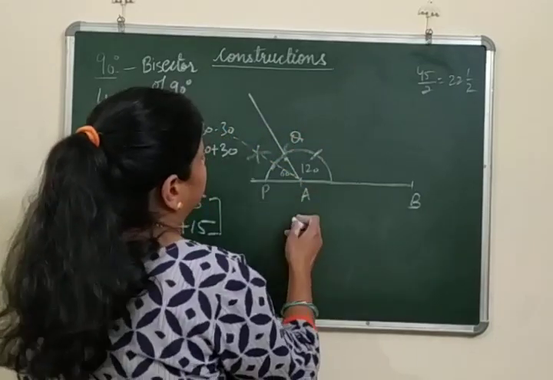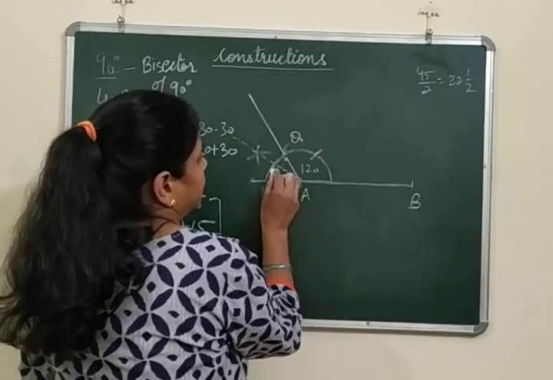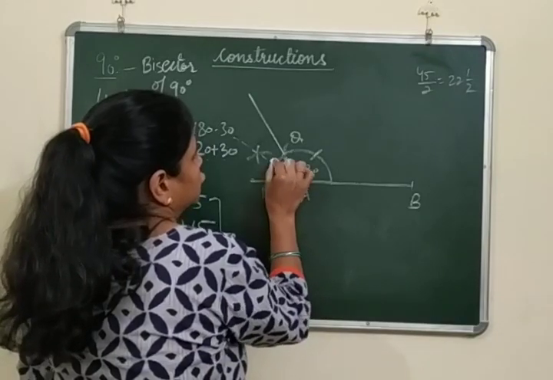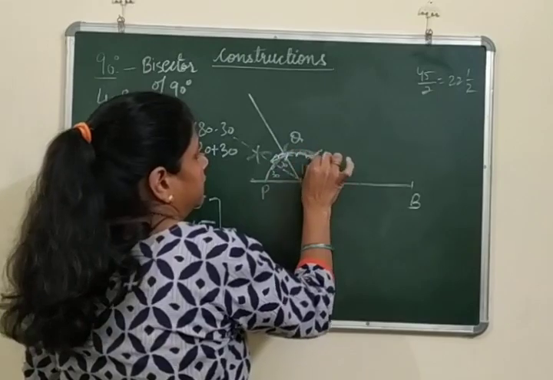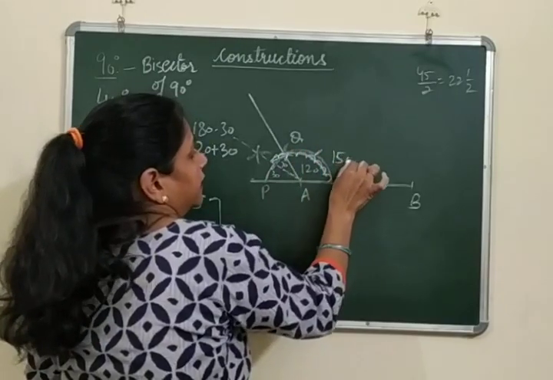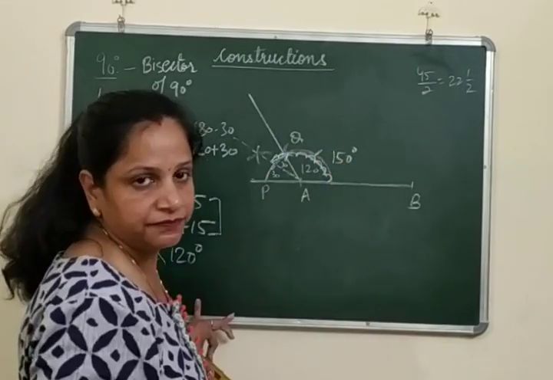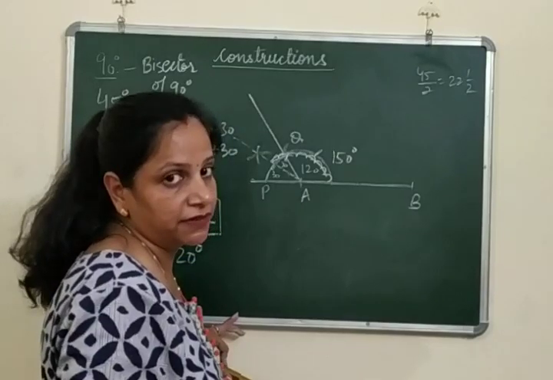Now this angle is divided into 30 and 30. So now this complete angle will be an angle of 150 degree. Right? I think it is clear.